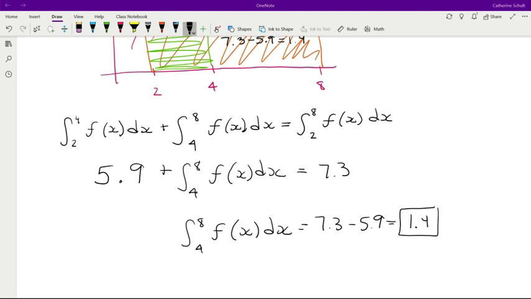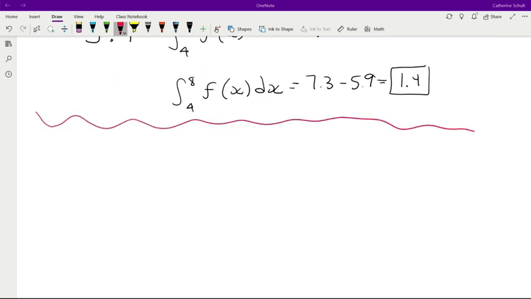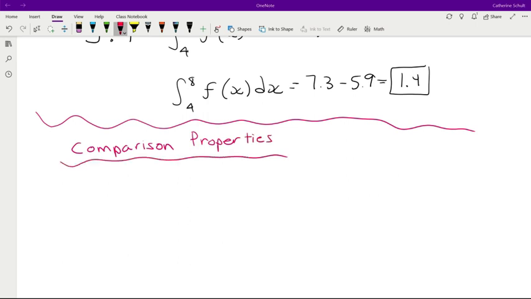Okay, let's see what else we have. And what's coming up next is we're going to be looking at comparison properties. Okay, so we have 3 comparison properties, so let's go ahead and state them.